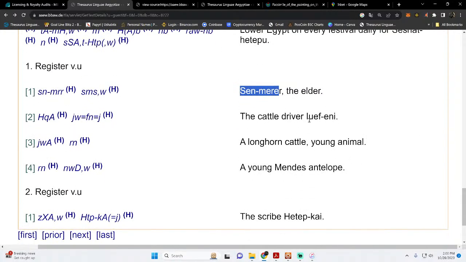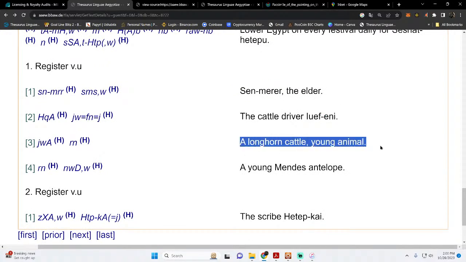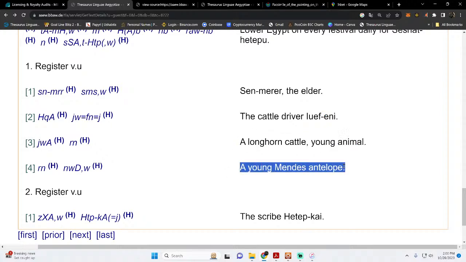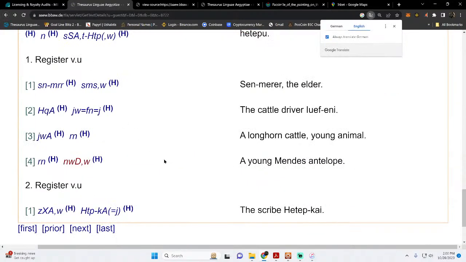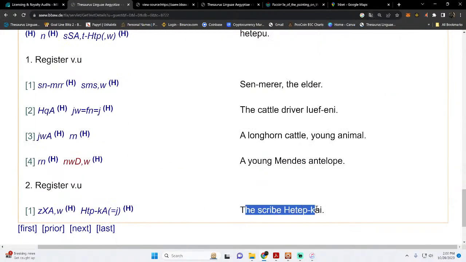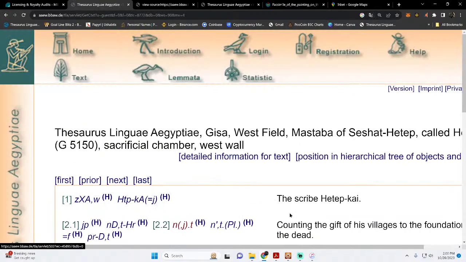The cattle driver, the longhorn cattle, young animal, whatever. They put cattle in there because you know how they was on it like that. The young Mendez antelope. I guess they giving them props too. I don't know, that ain't no antelope. Let's see what it really is. They say antelope, I don't know why. The scribe Hetep Ka, so they listing royal people.